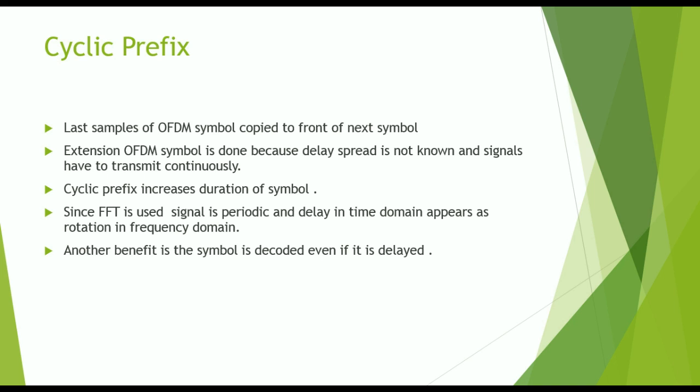It causes intercarrier interference due to non-orthogonality. So cyclic prefix is used. In a cyclic prefix, the last samples of the OFDM symbol are copied to the front of the next symbol. It helps because extension of the OFDM symbol time period happens, which in turn helps to decode even a late appearing signal.